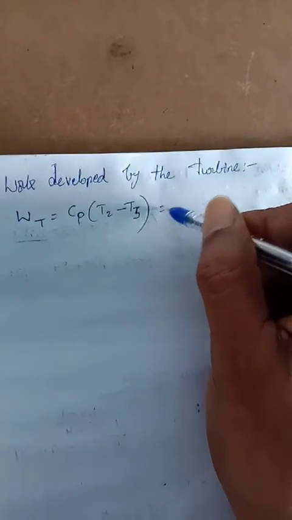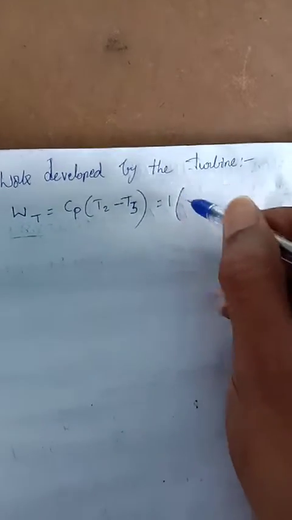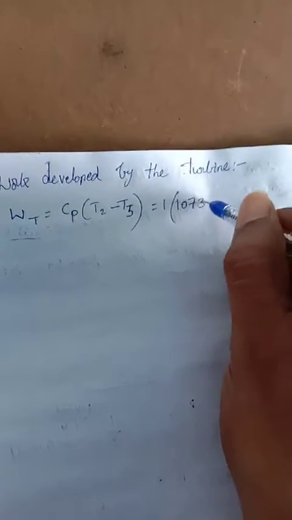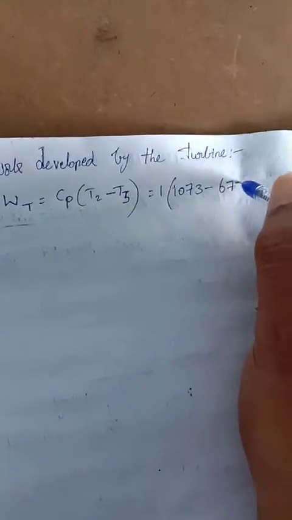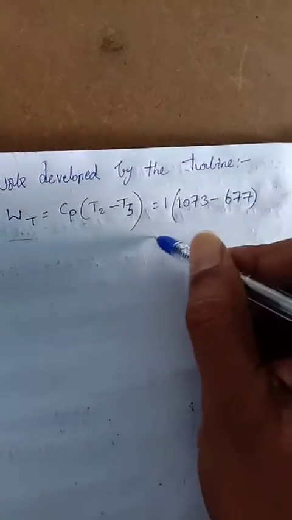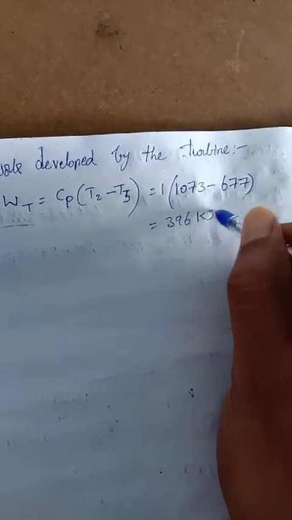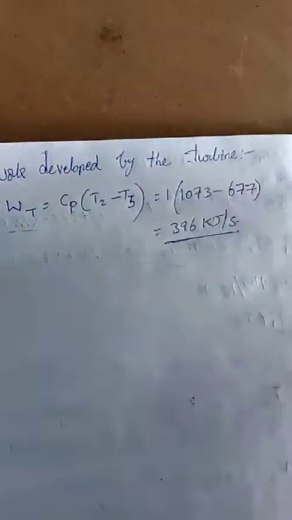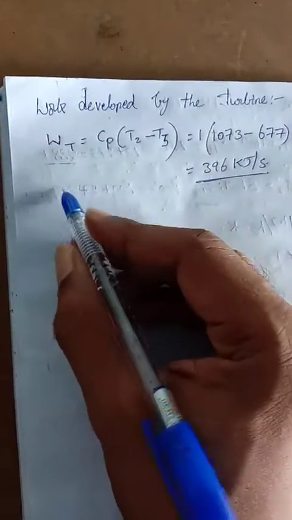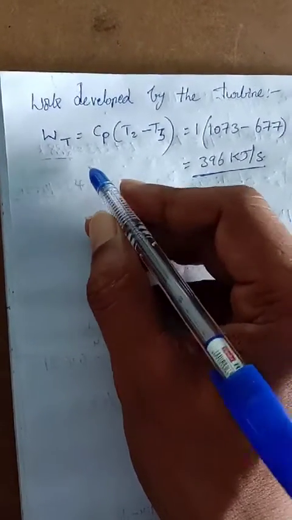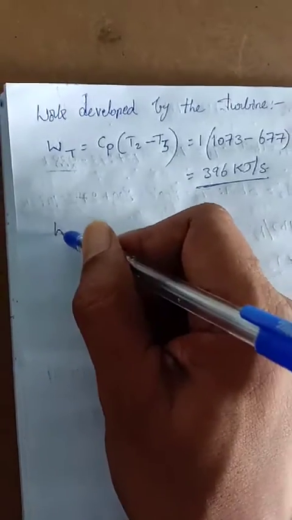Cp is equal to 1, and T2 we know, T3 also we know, and the units are all kilojoules per second. So this is the work done by the turbine.